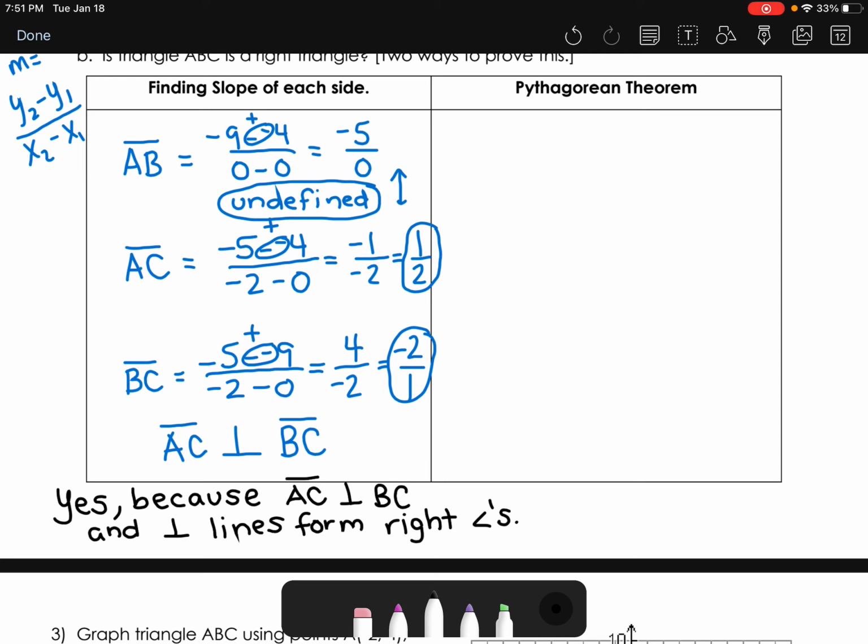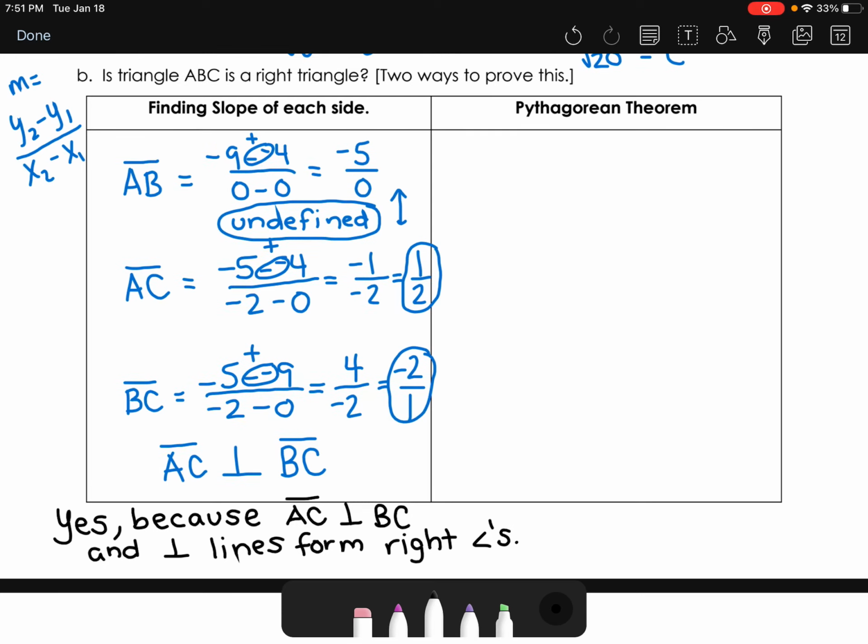This scalene triangle is not just scalene, it's also right. It has that right angle. Okay, one more way of proving if a triangle is a right triangle. There's one more way, and that way is the Pythagorean theorem. And you know that formula, a squared plus b squared equals c squared.